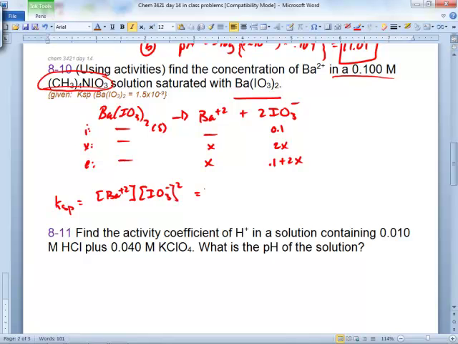So we're really supposed to write, cross this out, A with a Ba plus 2 and another A with an iodate. Okay, but that guy needs to be squared.